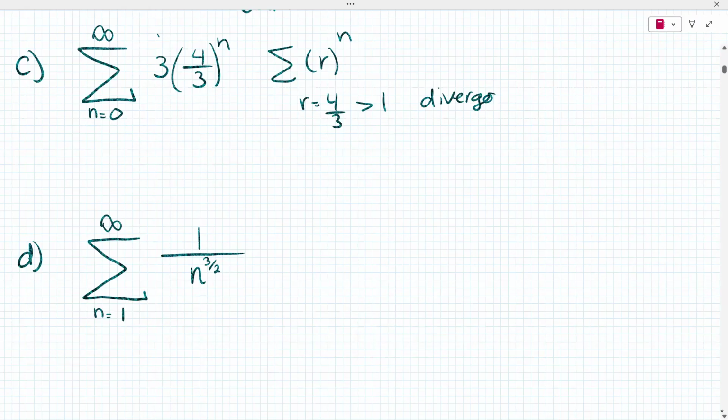I think we'll do the comparison test. No, I think it is a p-series. This could be expressed as 1 over n raised to 3 halves, and our p is 3 halves, which is greater than 1, so it converges.